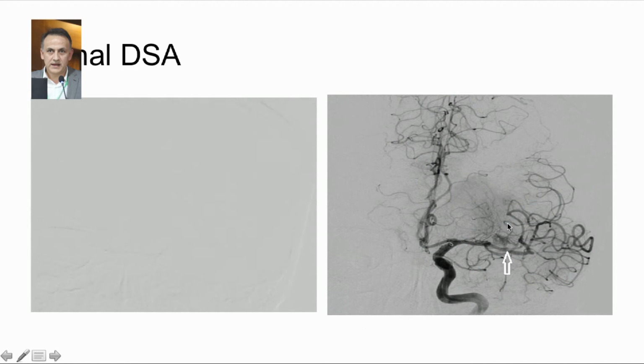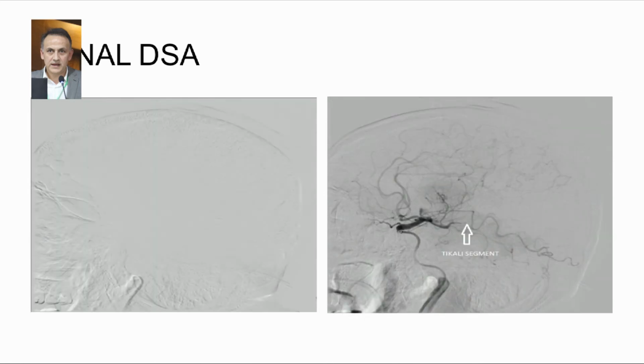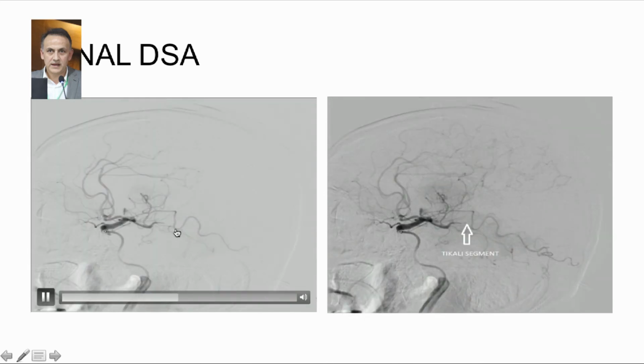So we have a small perforation, and this patient had to go to surgery because of that. And from the lateral view, we still have some occlusion here, but of course we stopped the procedure at that point.